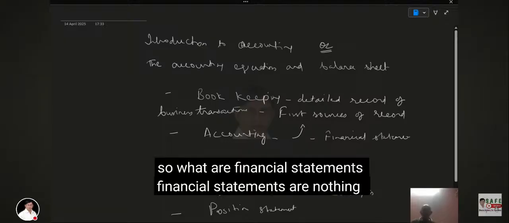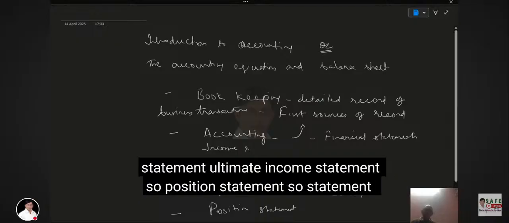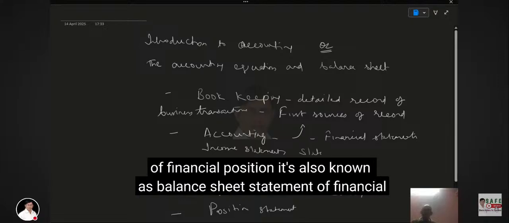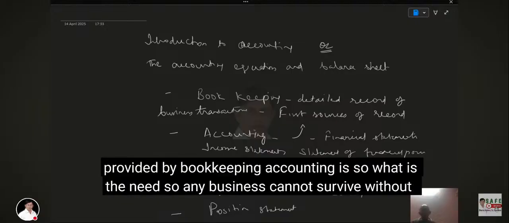They are the income statement, wherein you find out what income you have received, the statement of financial position, also known as the balance sheet, and the cash flow statement. Those are known as financial statements, based on the data provided by bookkeeping.